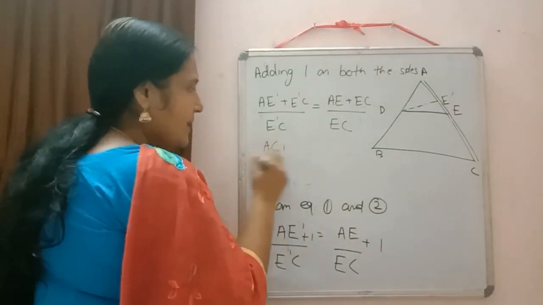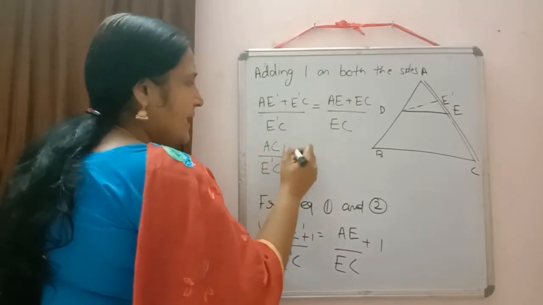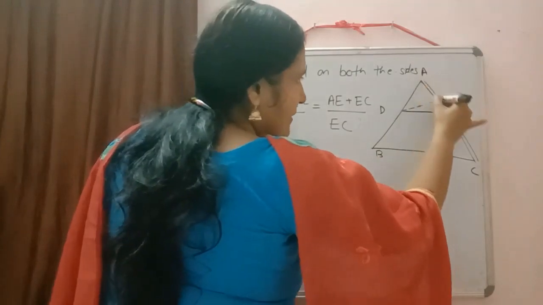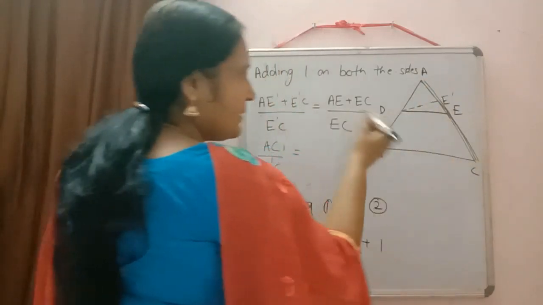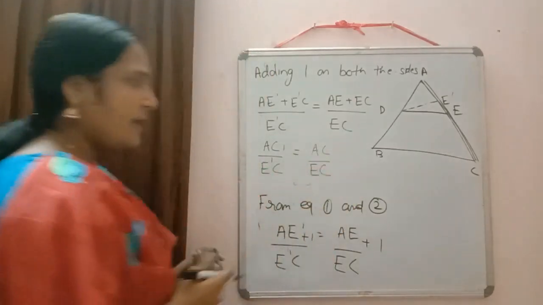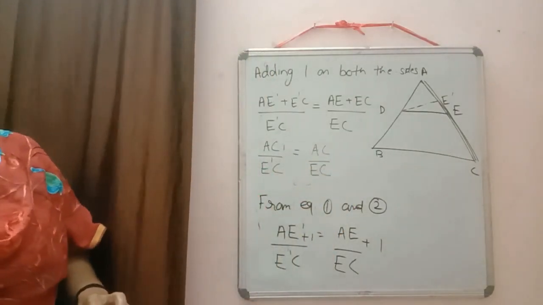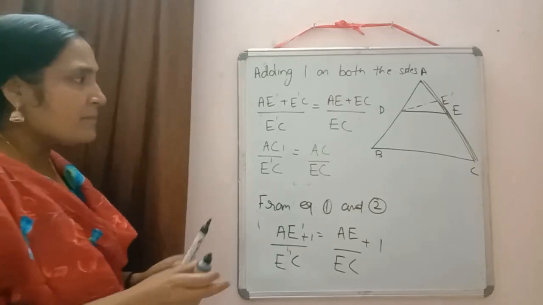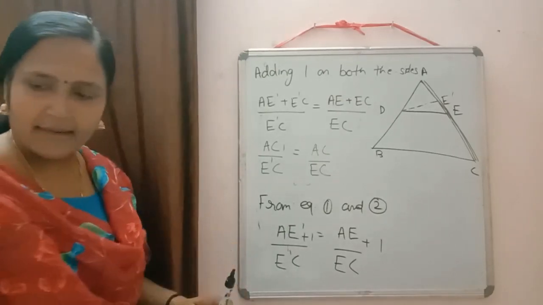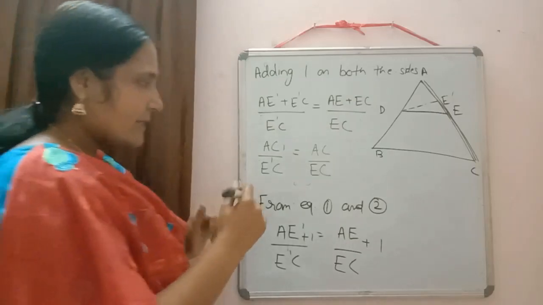So we get AC by E dash C is equal to AE plus EC, that is AC, so AC by EC. The numerators are the same, so AC and AC get cancelled.